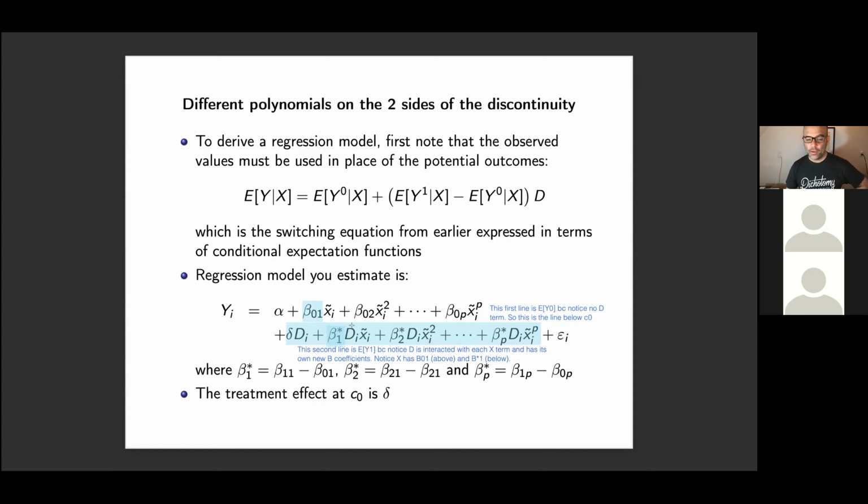Basically, this specification is just like the graph with two lines fitted separately.